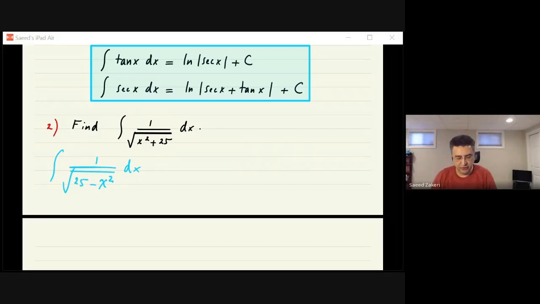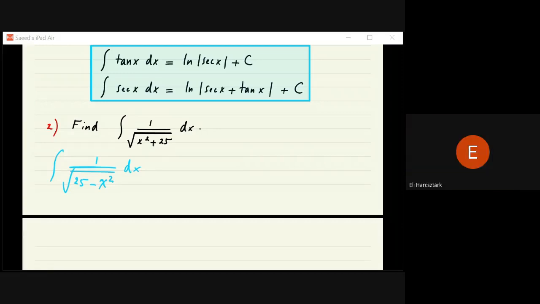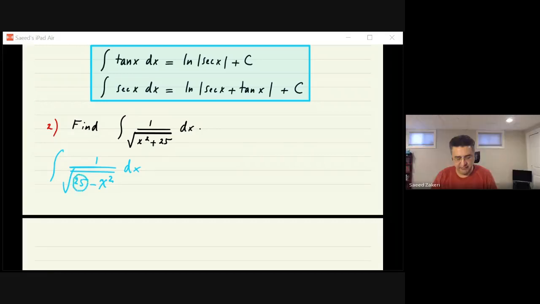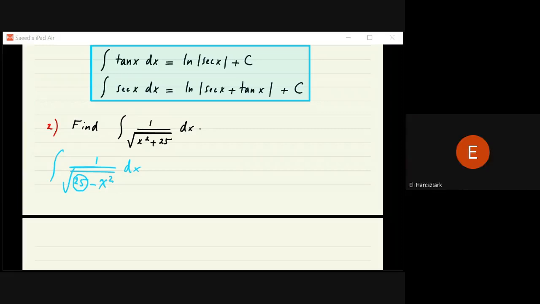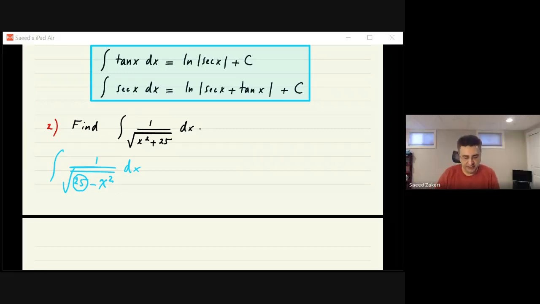So you would choose the trigonometric substitution x equals a sine theta. What is a? 5. Good, because this is supposed to be a squared. So you would do x equals 5 sine theta.